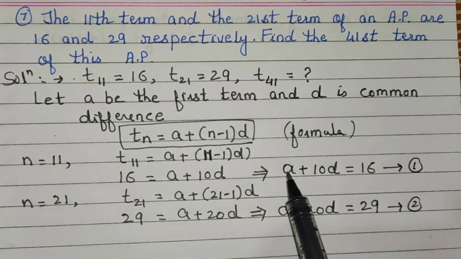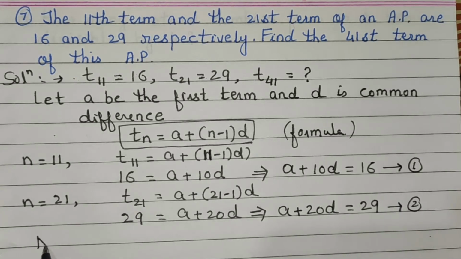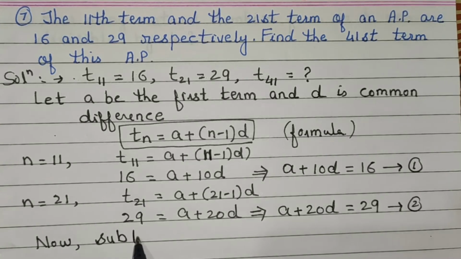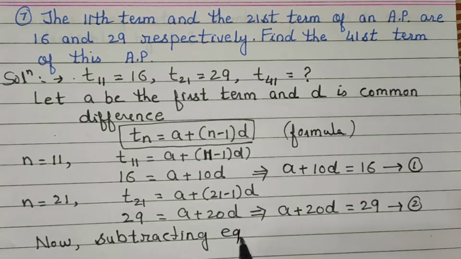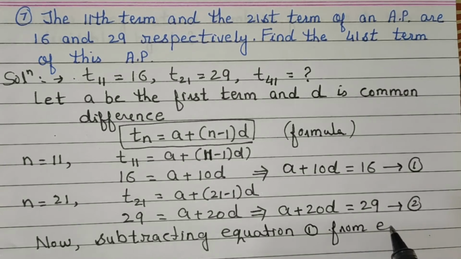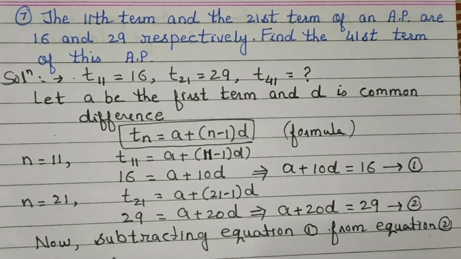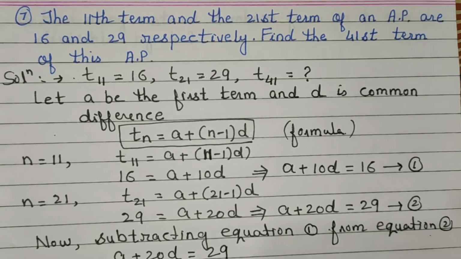Now here the coefficients of A are the same. Therefore we can easily eliminate it by subtracting. Now subtracting equation 1 from equation 2. Now A plus 20D is equal to 29.